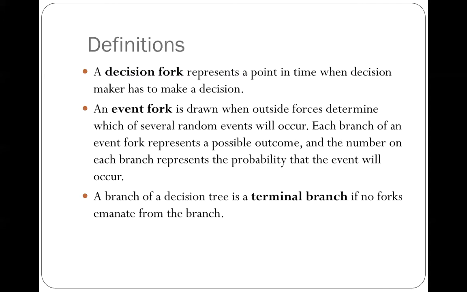As we want to draw the decision tree, if we get to a point where we need to make a decision, we can show that by what we call a decision fork. If we get to a point where we make a decision, but the results of the decision are not under our control, and they depend on forces outside and happen with different probabilities, we use what we call an event fork.